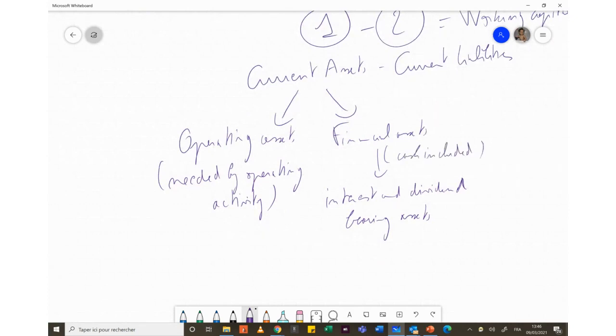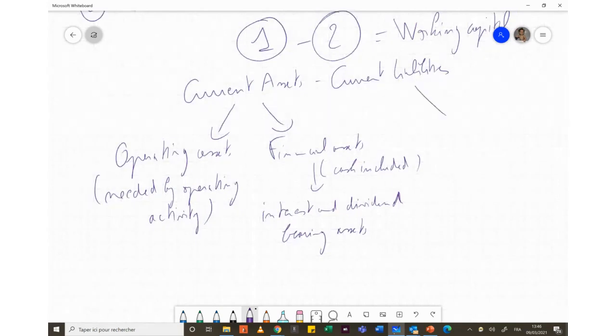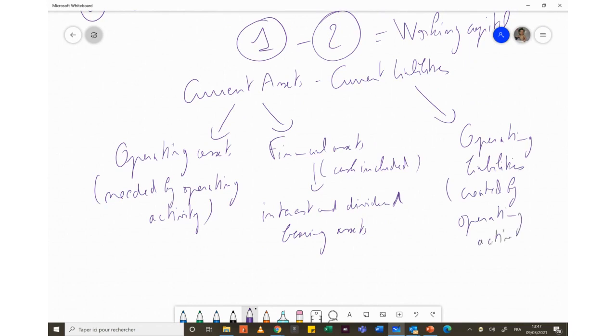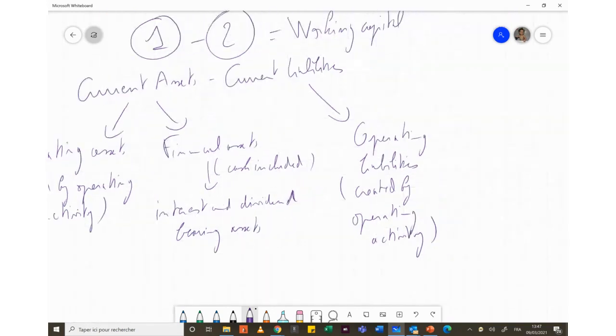In the current liabilities, we have the same. We have operating liabilities, created by operating activity. So you try to pay later some expenses. So you try to increase your operating liabilities in order to save the cash. And you have some financial liabilities, so interest bearing liabilities.